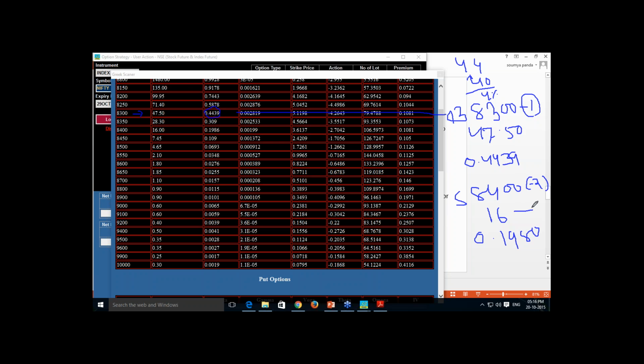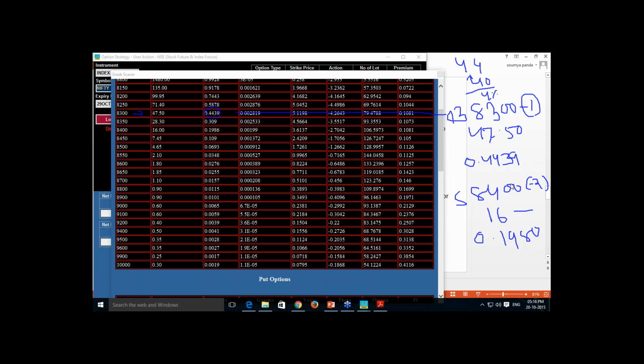In the same way, if the price goes up by 1%, my gain will be only 4%. Here a 47% expectation would be there, but 40% I will be losing here, so only 3 to 4% I will get as the net factor. This is how you should form the strategy. So you have reduced net delta to a certain extent. This is one of the ways of forming the strategy.